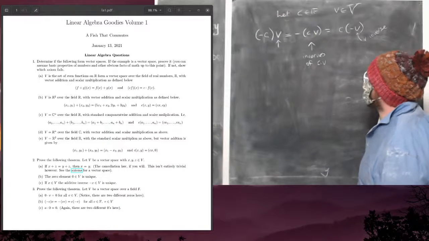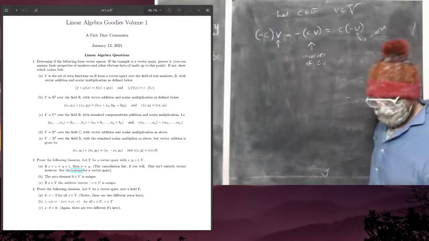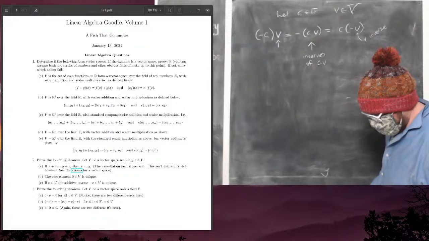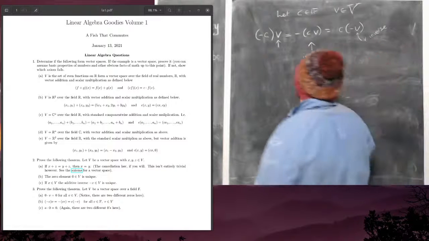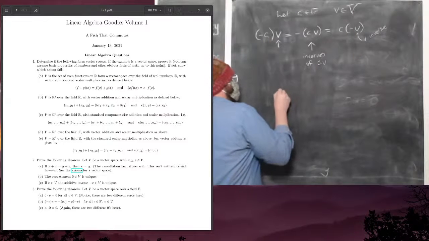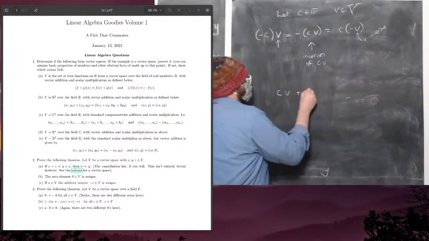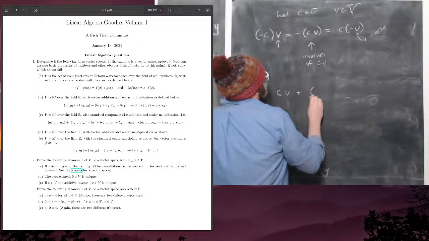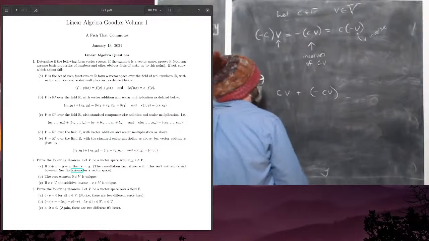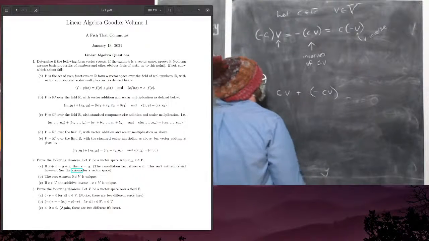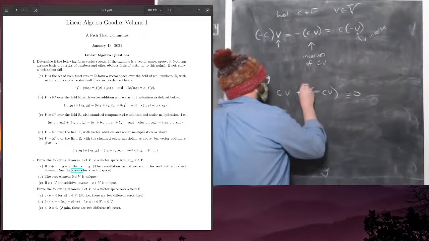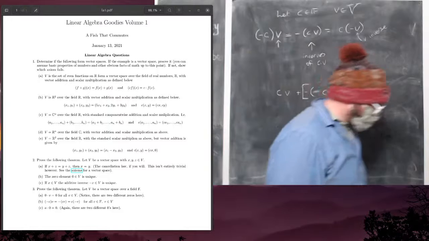Essentially, negative 1 times x is negative x is a good thing to do. So what do we know? By definition, because this is the inverse of C times V, we know that C times V plus this thing. I guess I should put that in a box there. There we go. That's better.